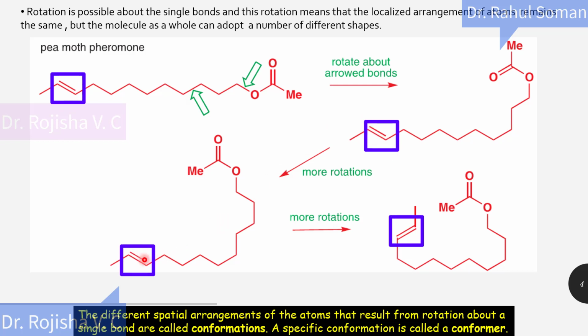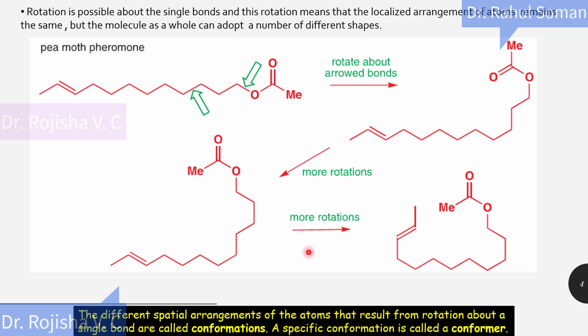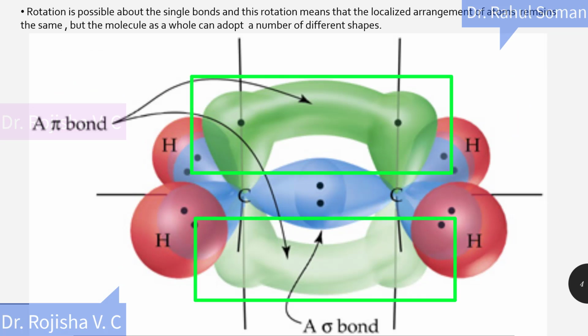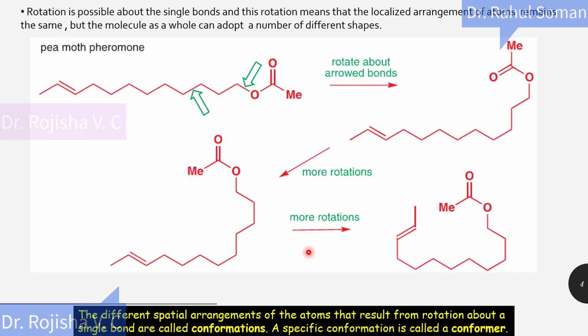Without a chemical reaction, this trans is impossible to make into cis, whereas a single bond is able to rotate. Why? Because in the case of a double bond, the C-C pi bond would have to break, so that is not possible. We explained that in geometrical isomerism.